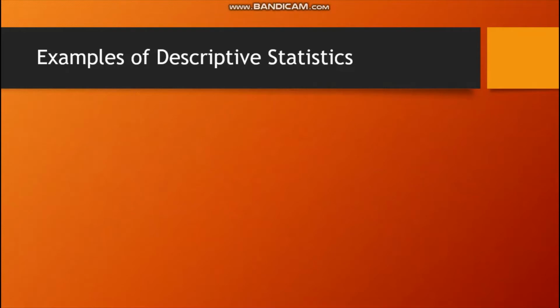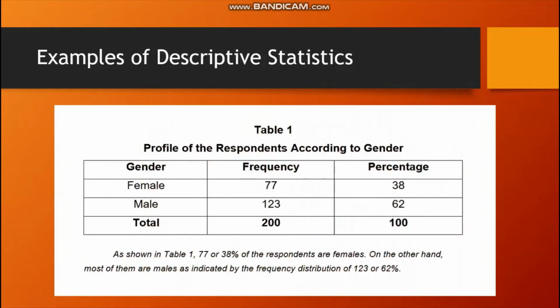Let's look at the examples of descriptive statistics. We have Table 1, profile of the respondents according to gender. So, makita din natin sa example sang descriptive statistics nga may ara sang gender, frequency, and percentage, and then the corresponding numbers.